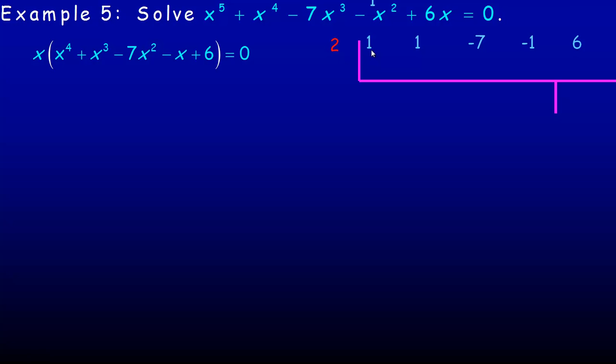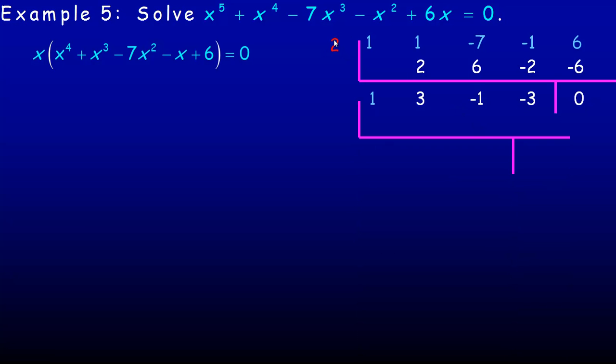And then you're getting factors. So we'll bring the 1 down, and 2 times 1 is 2 here. 1 and 2 add to 3. 3 times 2 is 6. Negative 7 and 6 add to negative 1, and multiply that by the 2, we get negative 2. Negative 1 and negative 2 add to negative 3. And negative 3 times 2 is negative 6, and so we get a remainder of 0 when you add those opposites.